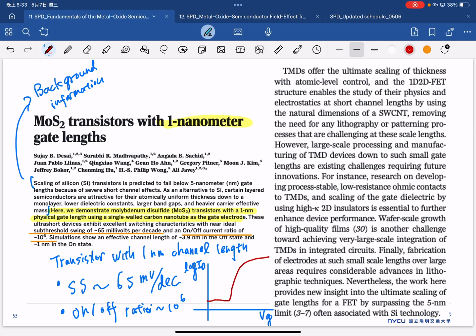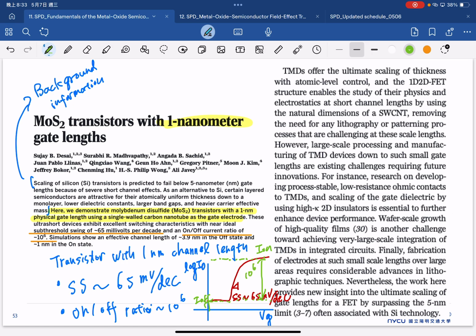And then the subthreshold swing is calculated as here, where SS is equal to 60 millivolt per decade. But another very important parameter that I described in the beginning is the on-off current ratio. So here is I on, here is I off. In this paper, they have an on-off ratio of 10 to 6.